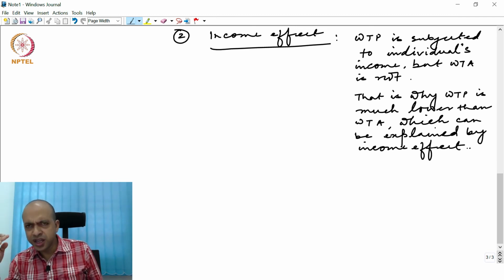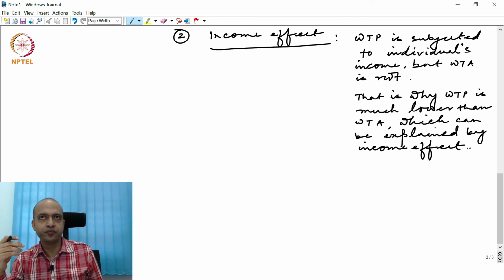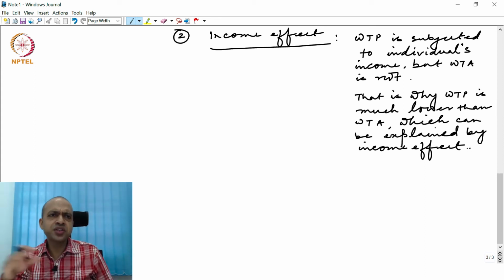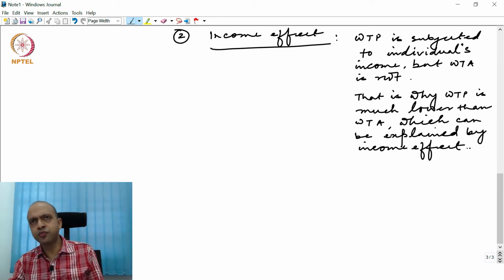They believe there is something beyond income which can explain the disparity between WTP and WTA. This income-based explanation is purely from the traditional neoclassical paradigm, which says that as income increases, individual gets less utility, and that is why when it is subject to income, they pay less, and when it is not subjected to income, they want to accept more compensation.